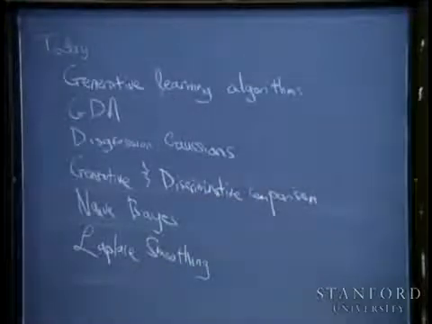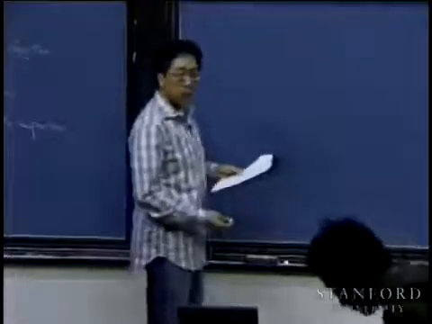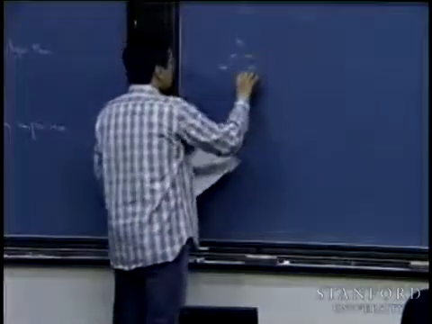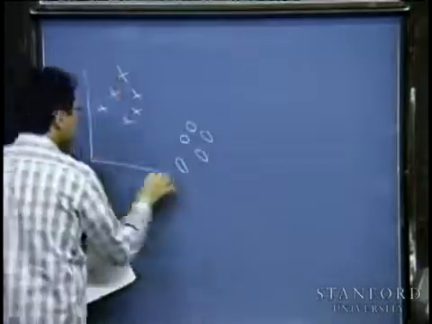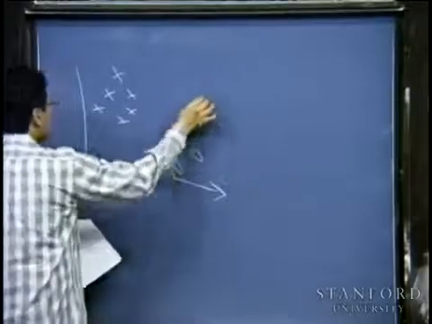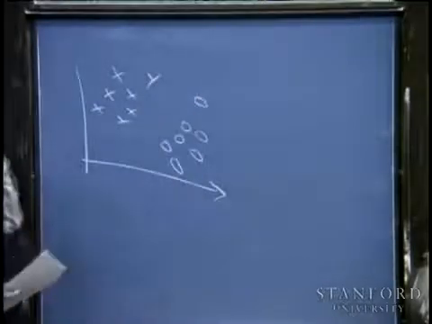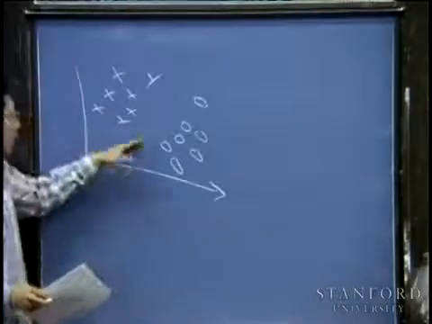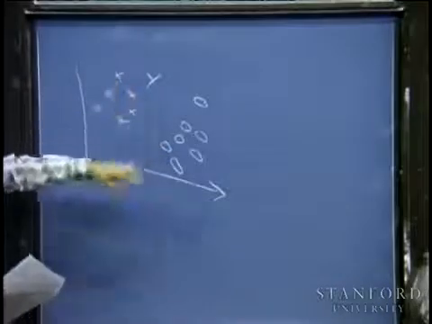So just to motivate our discussion on generative learning algorithms, by way of contrast, the sorts of classification algorithms we're talking about, I think of as algorithms that do this. So you're given a training set, and if you run an algorithm like logistic regression on this training set, the way I think of logistic regression is that it's trying to look at the data and find a straight line to divide the crosses and the O's, right?